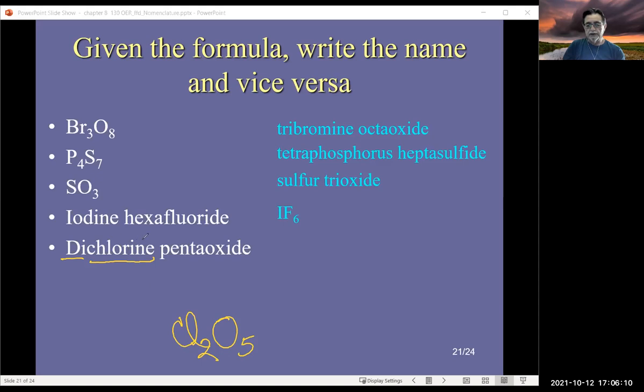So notice again, chlorine is the first atom written, so that is the central atom. In fact, there's 2 of them. And then oxide. So we keep the name chlorine because it is one of the 2 central atoms. And so there's this formula.